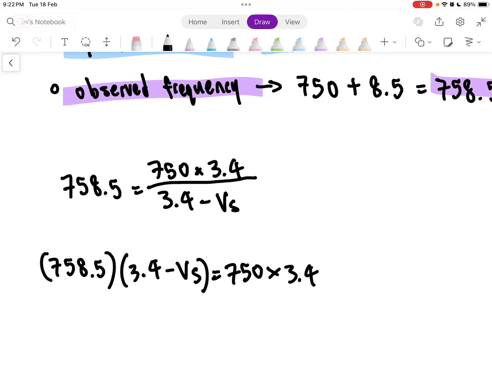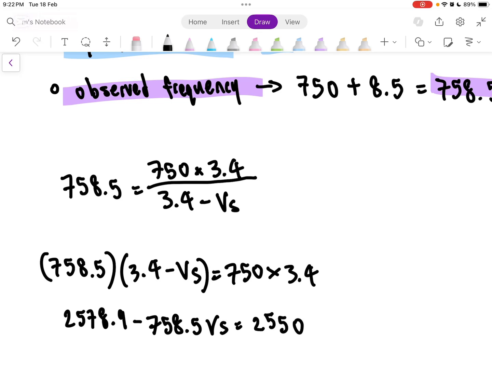So now we got that number times 3.4, 2578.9, minus 758.5 vs equals, hold on, 750 times 3.4, 2550.